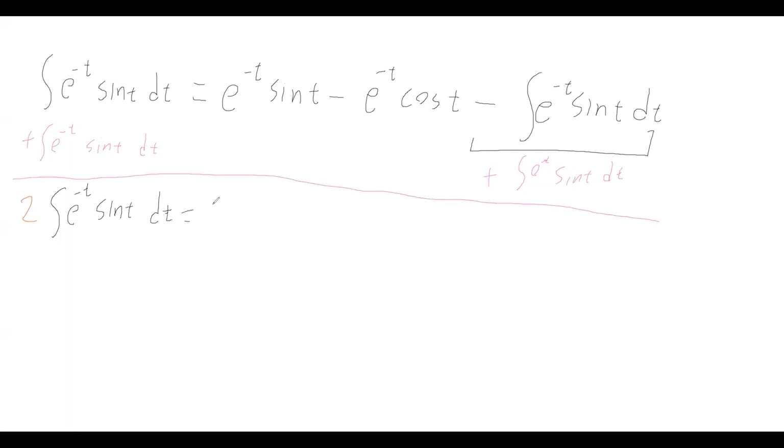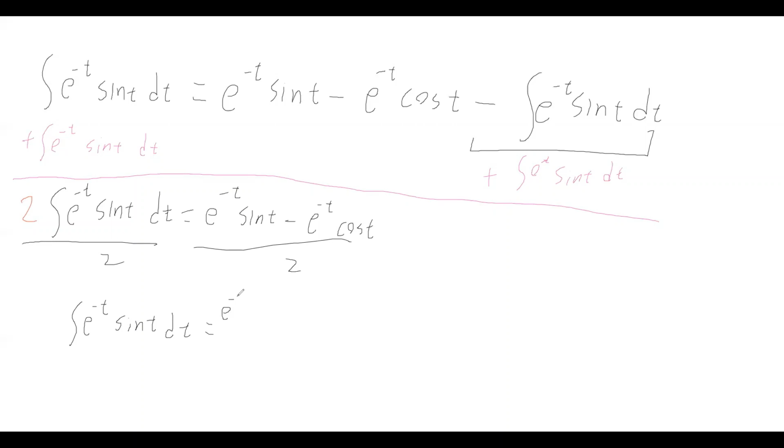And next, what we have left on the right is just the e to the negative t sine t minus e to the negative t cosine t. And in order to really get this integral, all we need to do is divide by 2. Right? So we get the integral of e to the negative t sine t dt is equal to e to the negative t sine t minus e to the negative t cosine t over 2. And this is when you can do the plus C.